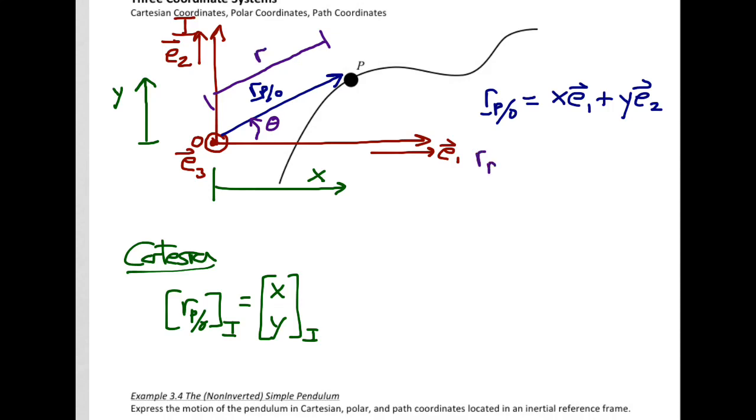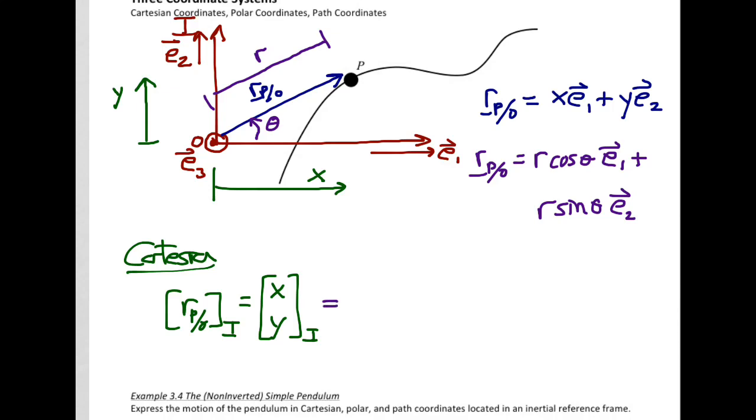And so r of P with respect to O is going to be the same, because it's going to be the magnitude of the scalar multiplied times the basis vector. So our scalar in the E1 direction is going to be r cosine theta E1, and our scalar in the E2 direction, we're going to add r sine theta E2.